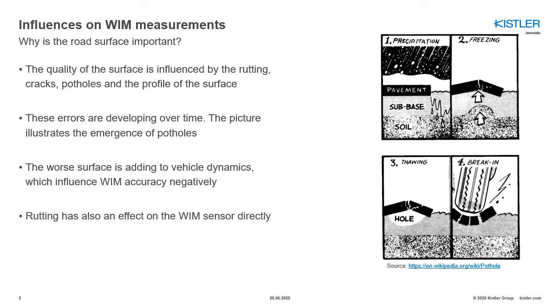So what happens first is some water gets in the lower part of the pavement in some other layers, such as the sub-base layer. And in the winter, this water is freezing and it will create some cracks in the pavement. And ultimately it will result in a hole. If you now apply some stress to it, for example, if a vehicle is driving over it, it will break in.